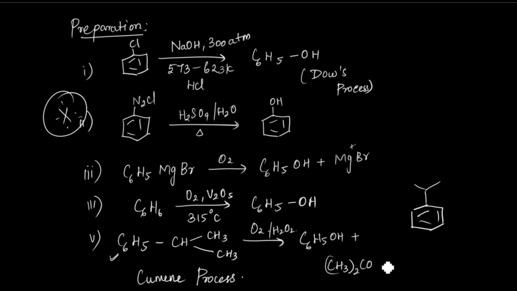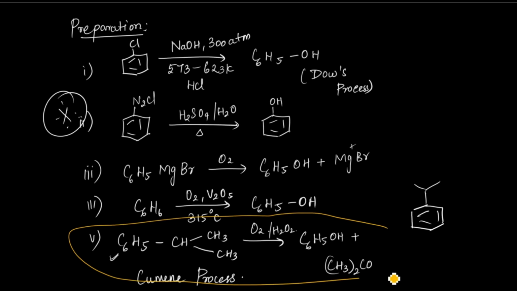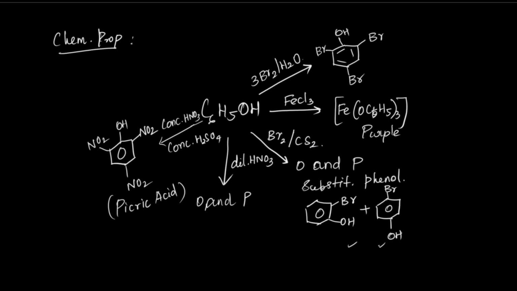This reaction with the byproduct is totally important. This total process is important. This can be asked as several questions. What is the intermediate? Cumene peroxide is the intermediate. What is the byproduct? Okay. So what is the structure of the reactant? So many questions were asked already in previous year papers.